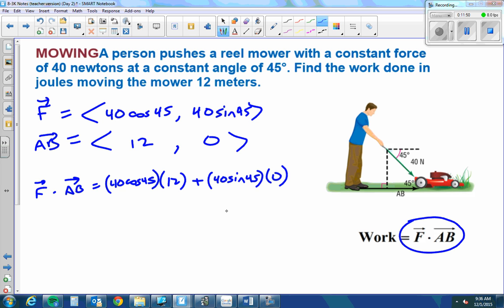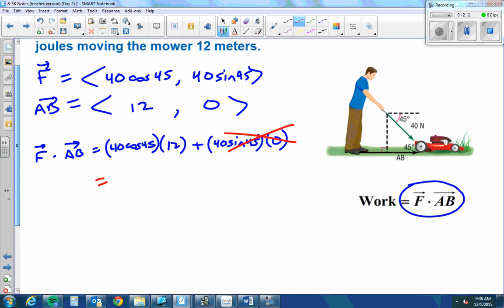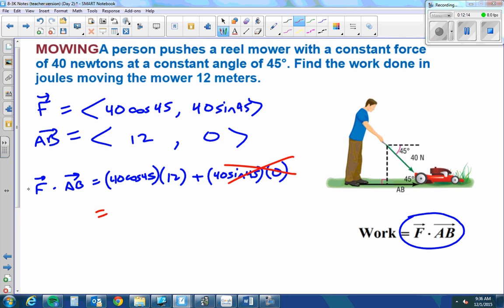So here's the deal. If it's a picture like this, where the vertical is 0, then that part's just going to go away, and you'll simply get this. Okay? Type that in, tell me what you get. That is correct.